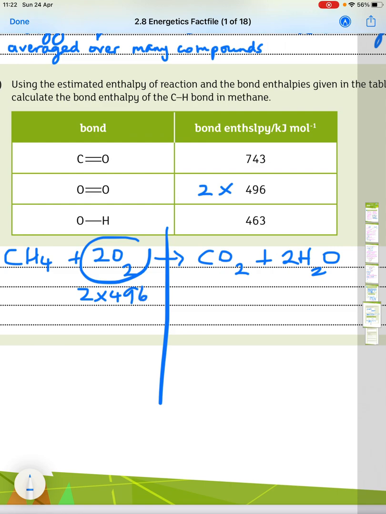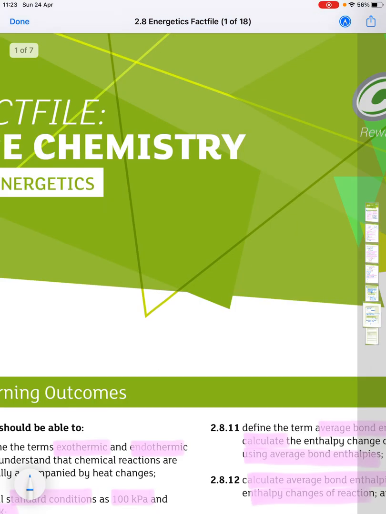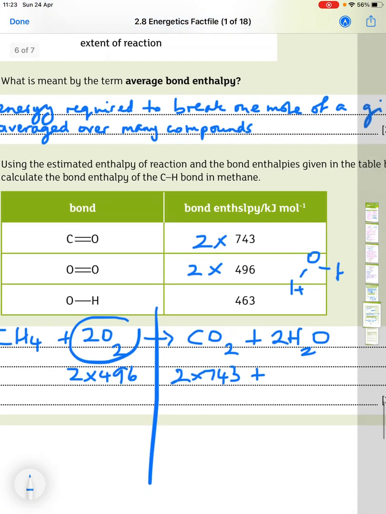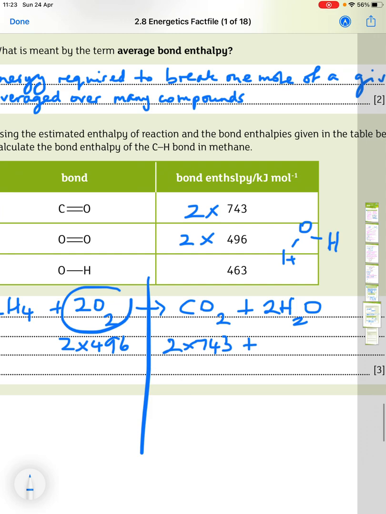And on the right hand side, the bonds which are forming, we have 2 of the carbon to oxygen in carbon dioxide, so 2 times 743. And in water we have 2 bonds in each molecule, so that means we have 4 of these, so 4 times 463.